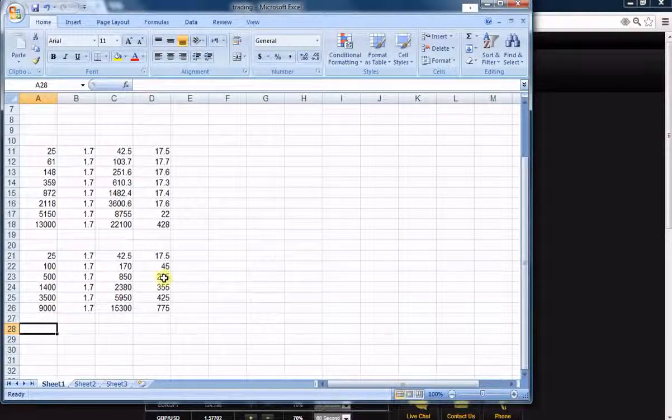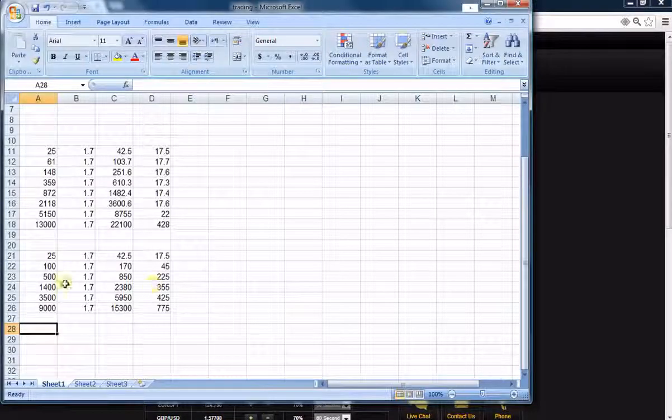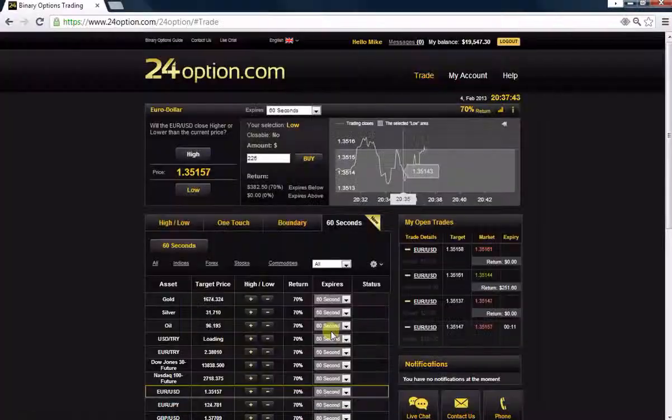So the next one, 3 trades. Let's do a balance. Let's make a profit of $200. So my next profit, or $225. So my next trade is going to be at $225. The return is $850, taking into account the $500 plus the initial $100 plus the initial $25. That's $625. 850 minus 625, you're going to get $225 profit.